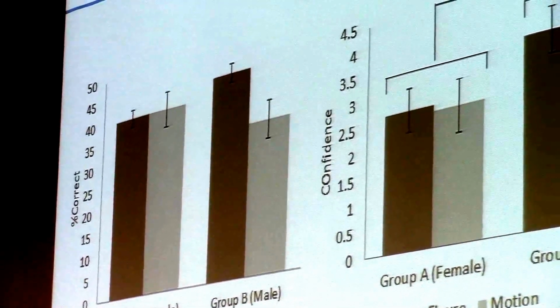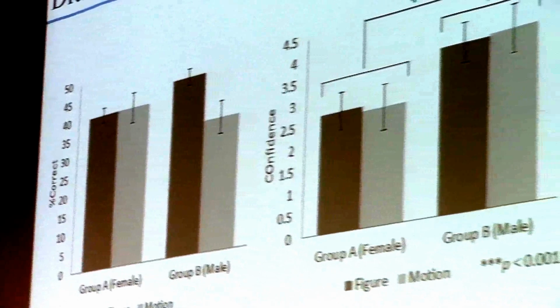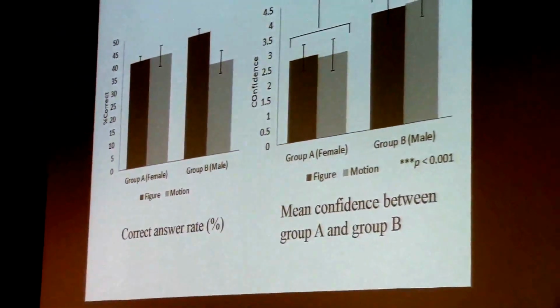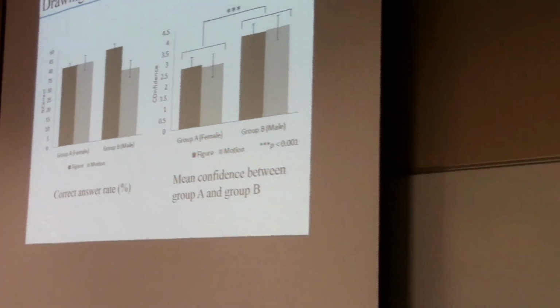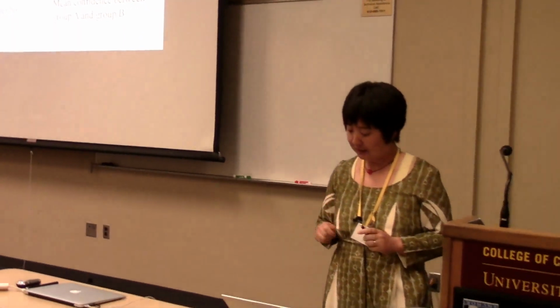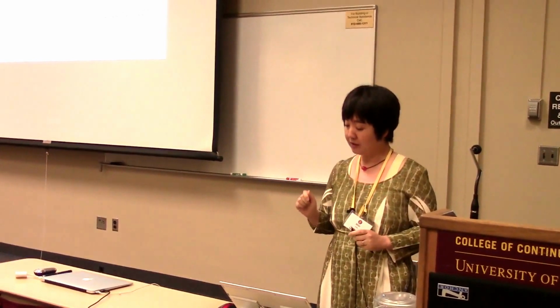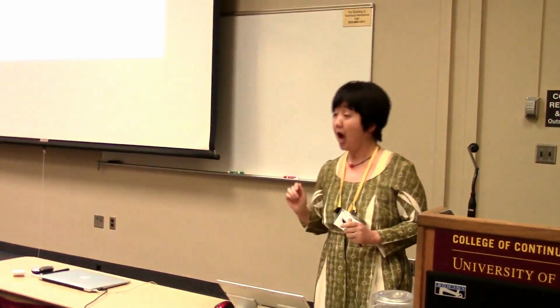The chance level of identification was 20%. The correct answer rate was higher than the chance level in every condition. So this suggests that we can identify who drew the figures based on not only visual information, but also non-visual haptic information.